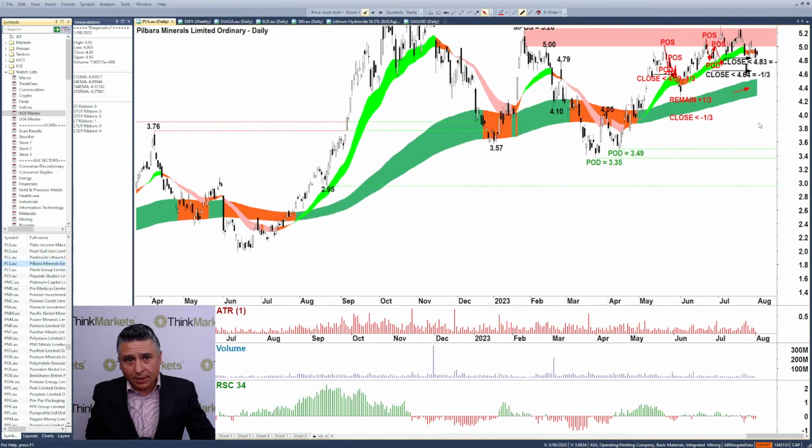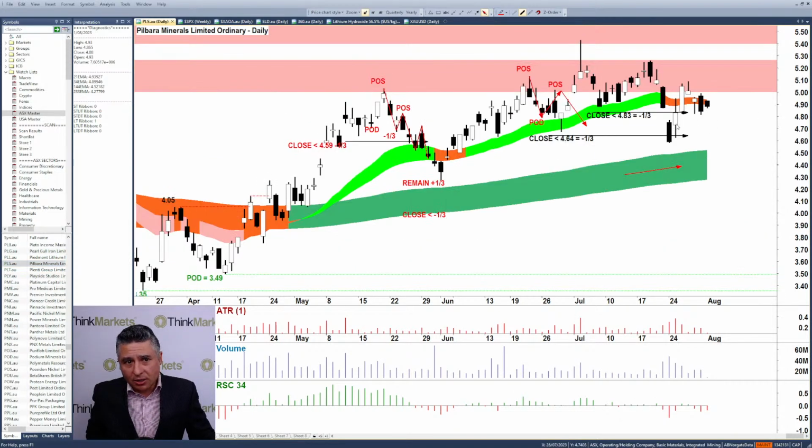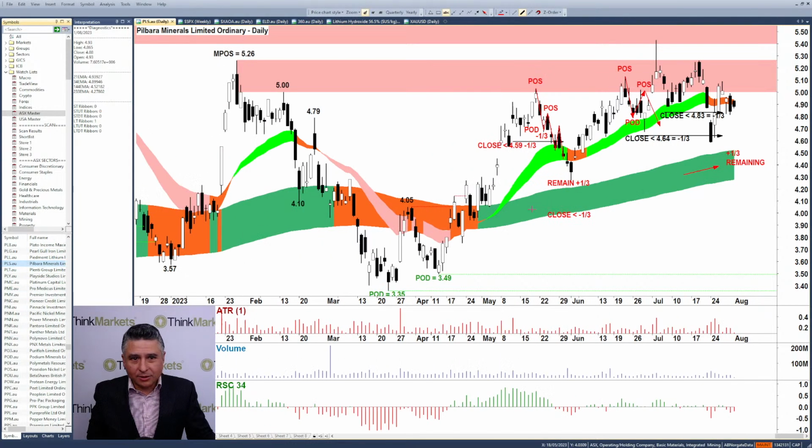Pilbara obviously has one that is starting to require a little bit of attention, I think. Close beneath here, which it did, so minus 1/3. Look, at best for me, at best you plus 1/3 remaining on this one. That's how I would play it. And I think I'm over Pilbara as well. I think these charts are saying the bigger you are, the harder it is right now.